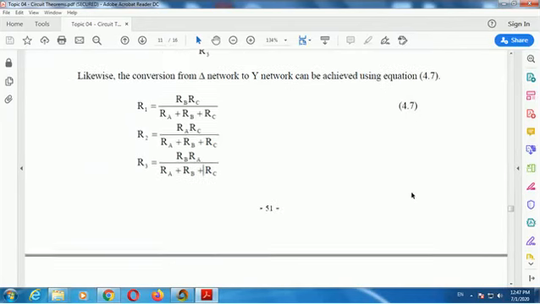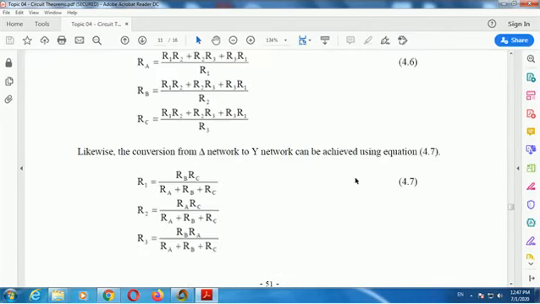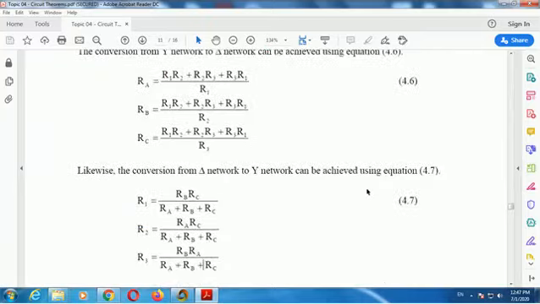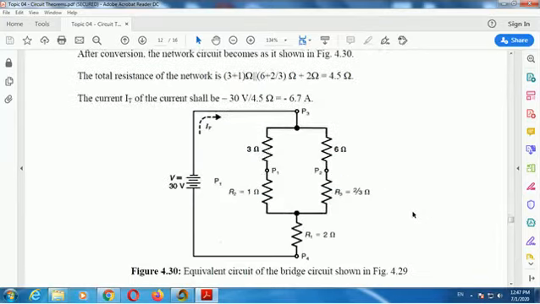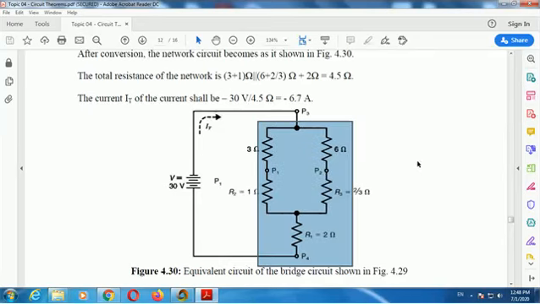After that, these two are in series, then here and here are parallel, and we can find the whole result, then find IT.